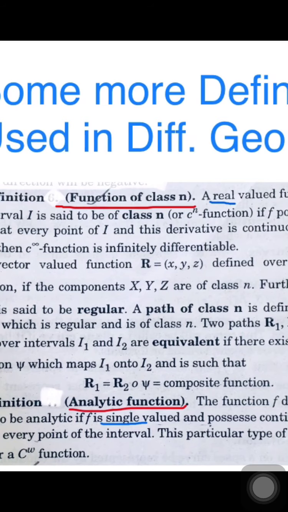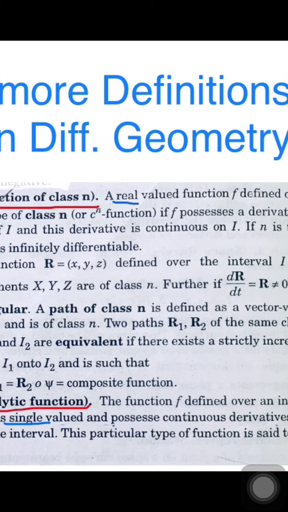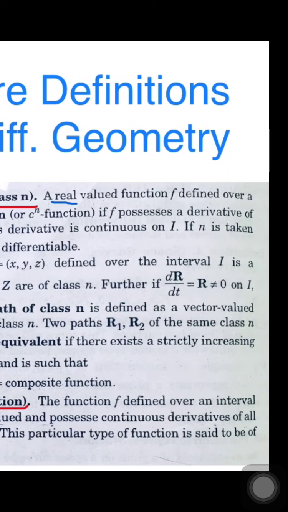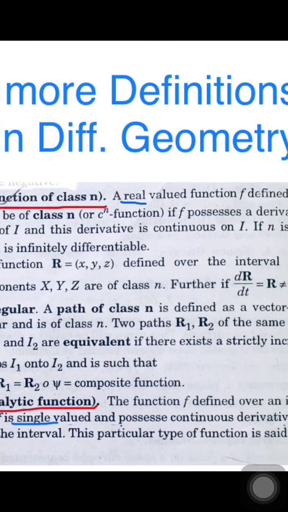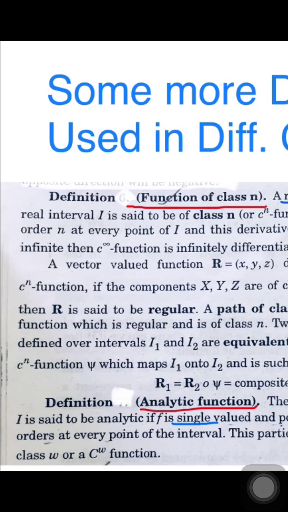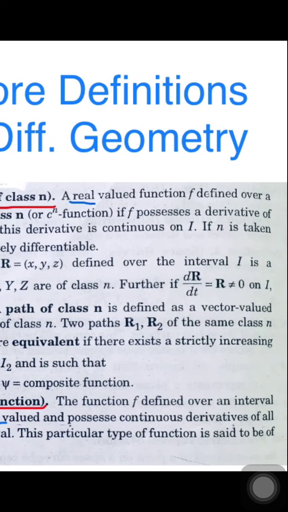The important condition is that f possesses a derivative of order n, meaning it is differentiable up to order n at every point of I. And this derivative is continuous on I. All derivatives should be continuous in this interval.